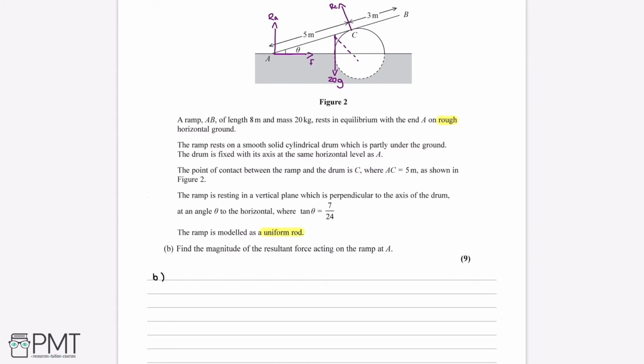Not very accurate, but if this is perpendicular to the plane and this is parallel, we know that the one that's perpendicular is acting away, and the one that's parallel is acting towards the way the weight acts. We know that this angle here must be theta, and therefore this component here would be 20g cos theta using trigonometry rules, and similarly this one is 20g sin theta because we're using the opposite and the hypotenuse, and for this one we were using adjacent and hypotenuse.